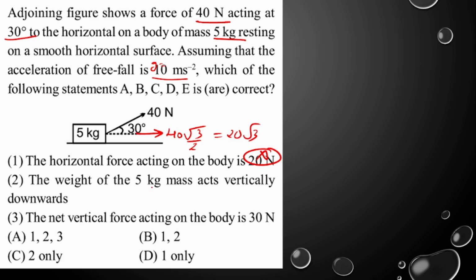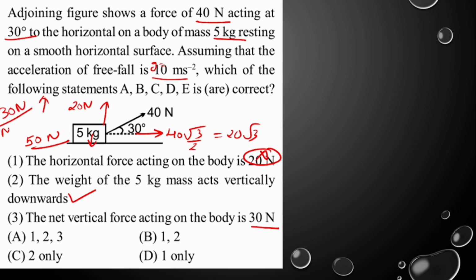The weight of the 5 kg mass acts vertically downward. The weight force will definitely act downward, and that is 50 Newton. So this is correct. The net vertical force acting on the body is 30 Newton? See, this is 20 root 3 horizontal, and this is 20 Newton vertical. 50 Newton will act downward, and 30 Newton is the normal.